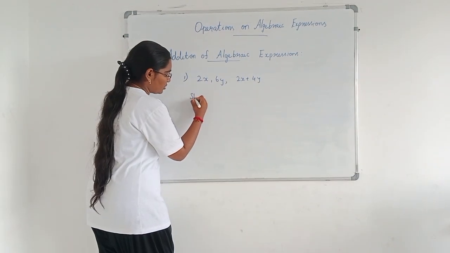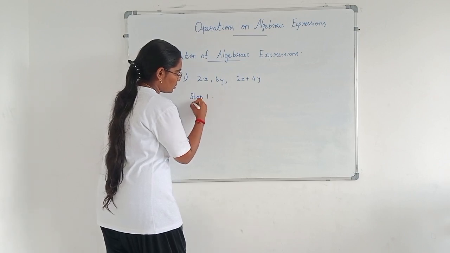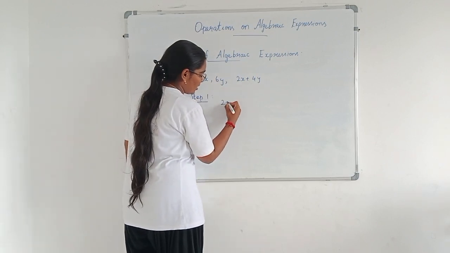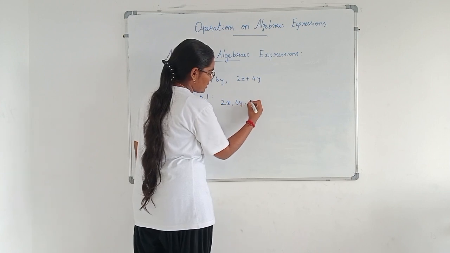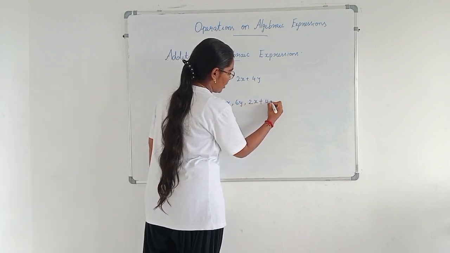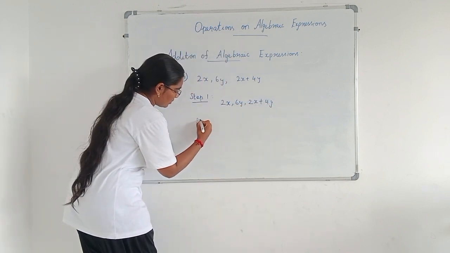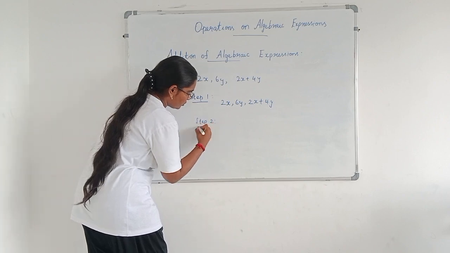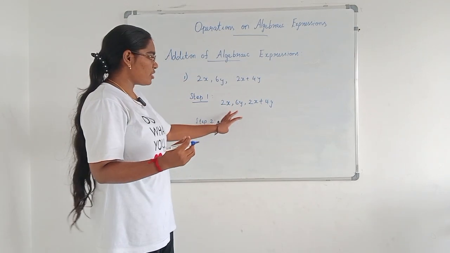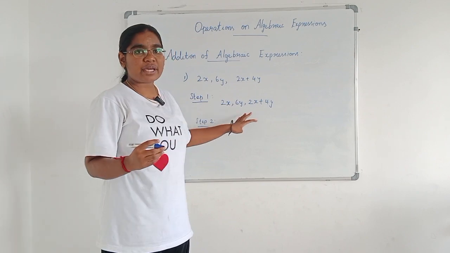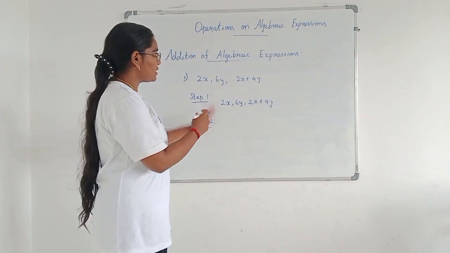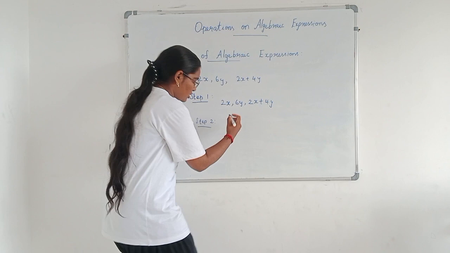So step 1. First write the given: 2x plus 6y, 2x plus 4y. Next, step 2. We have to insert the sign of operation, that means addition.